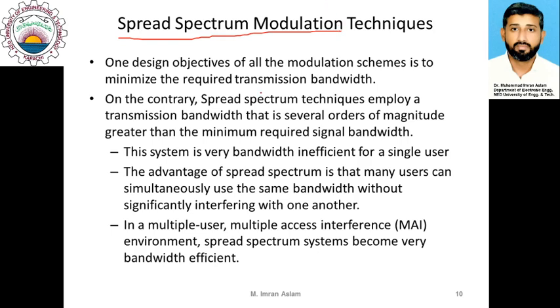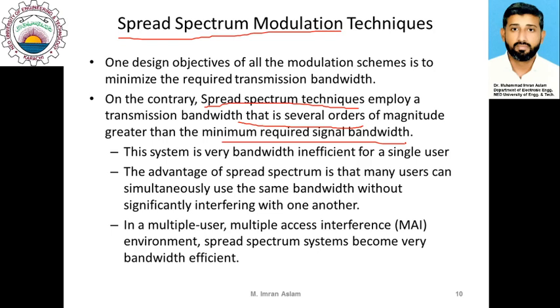But for this new type of scheme, which is used in third generation onwards, we use a spread spectrum technique, which uses a bandwidth several orders wider than the signal bandwidth. So this technique is based on having a wide band signal instead of a relatively narrow bandwidth.